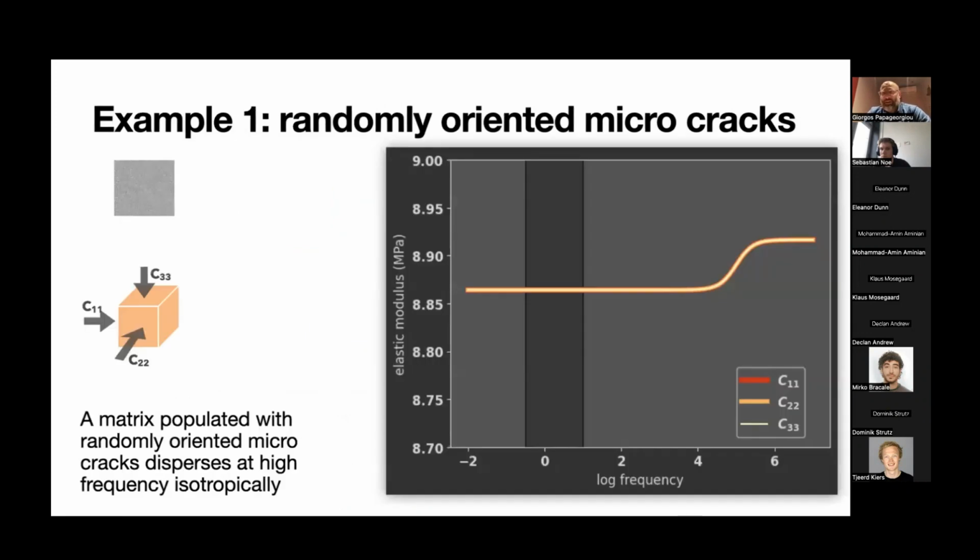And what does it look like when you sit down and do it? So if you think about a matrix that is populated with randomly oriented ellipsoids, these microcracks, then these microcracks would not have a preferential direction in which they disperse your matrix. And here I've done that.